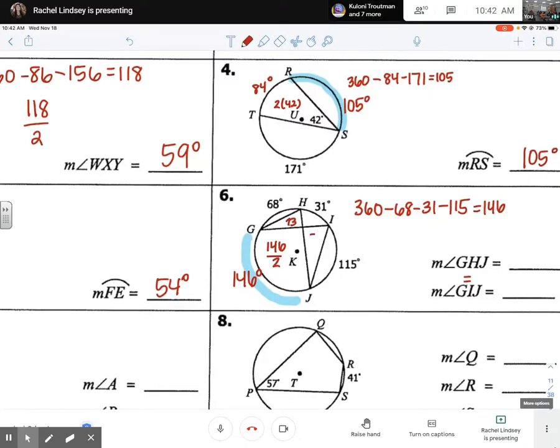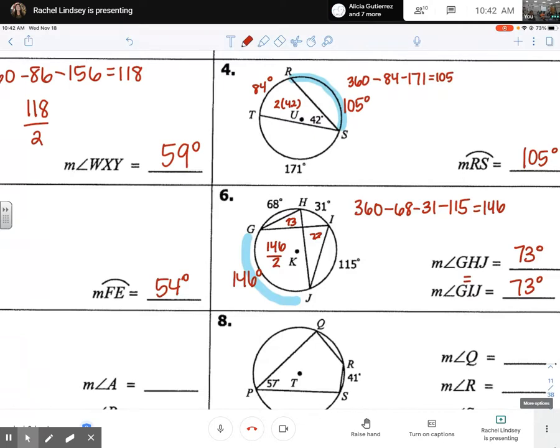I don't even need a calculator. I'm like a walking calculator. Okay, what's 360 divided by 2? 180. What's 180 divided by 2? 90. What's 90 divided by 2? 45.